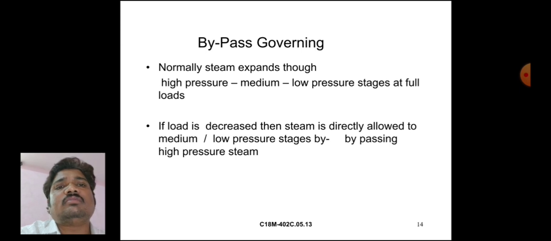If the load decreases, steam is directly allowed to the medium and low pressure stages by bypassing the high pressure steam.